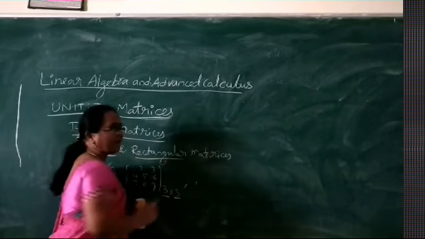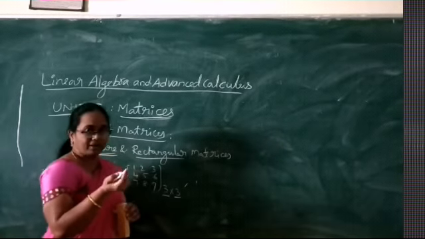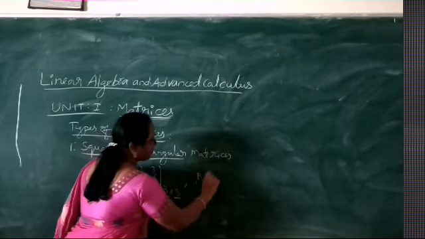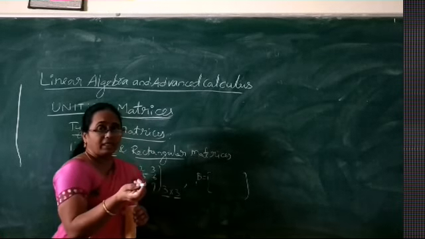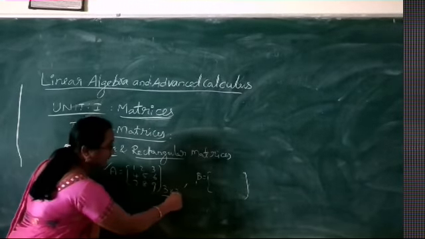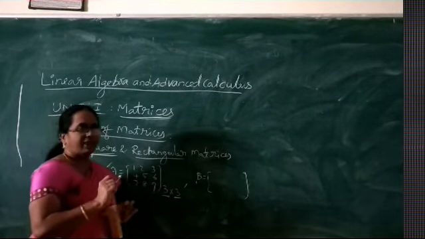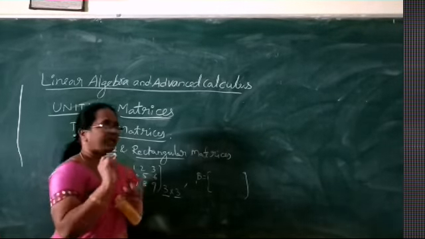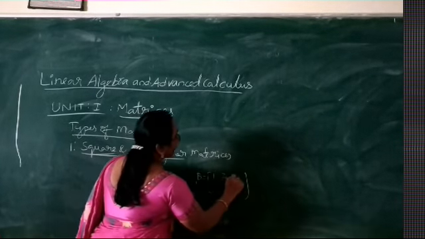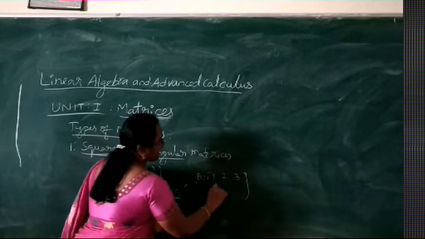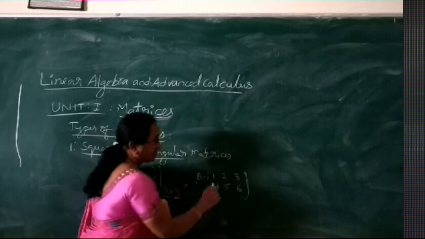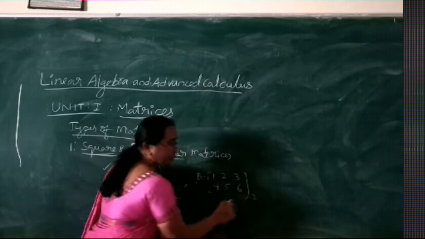Similarly, a rectangular matrix means a matrix, let it be capital B, where the number of rows is not equal to the number of columns. We have different numbers of rows and columns. For example, we have first row 1, 2, 3, second row 4, 5, 6. How many rows are there? We have only 2 rows.